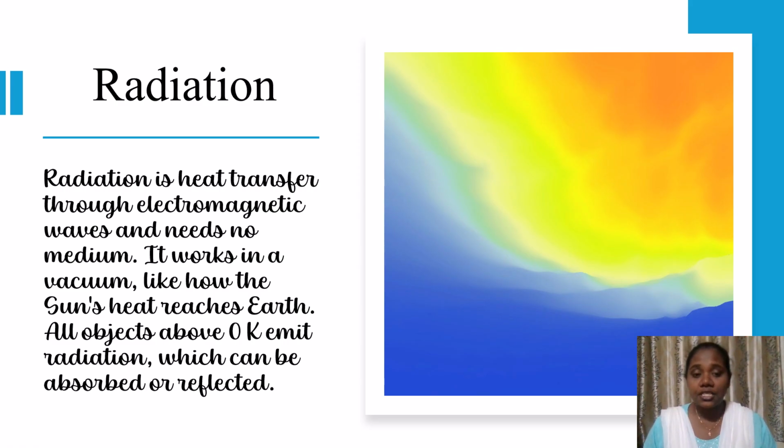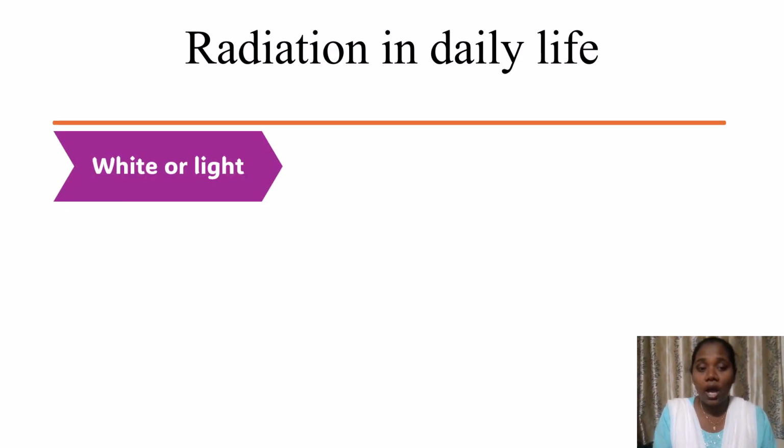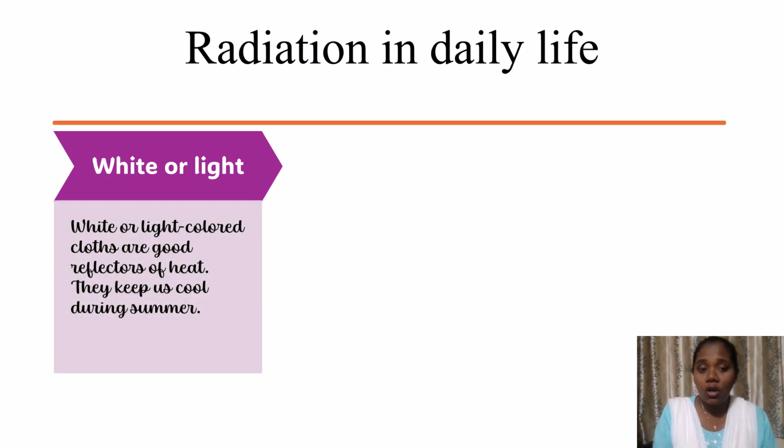All objects above 0 kelvin emit radiation, which can be absorbed or reflected. Radiation in day-to-day life: we wear white or light colored clothes because they are good reflectors of heat and keep us cool during the summer season.